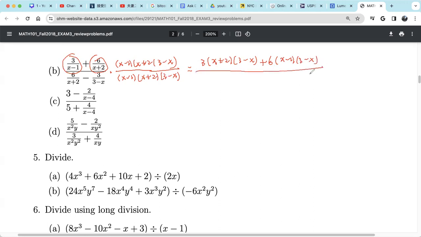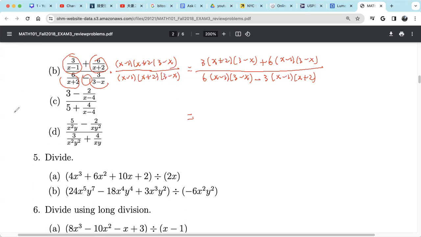The denominator: this term multiplied by this, I have 6 times x minus 1, 3 minus x. And then this one times this, that's a minus sign. So this is a minus 3 times x minus 1, x plus 2. All right, let's do some simplification.